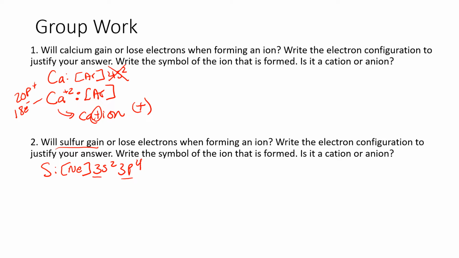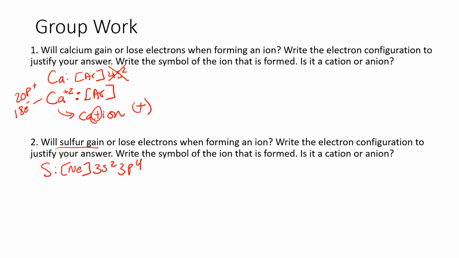So the question becomes, to get to a full octet in my valence shell, I can either gain 2 electrons to get to 8, or I can knock out all these 6. Which is easier to do, guys, to gain 2 electrons or knock out 6?